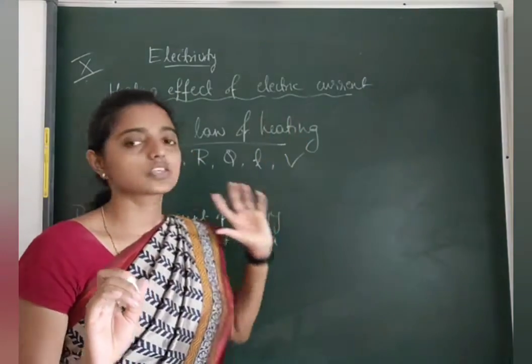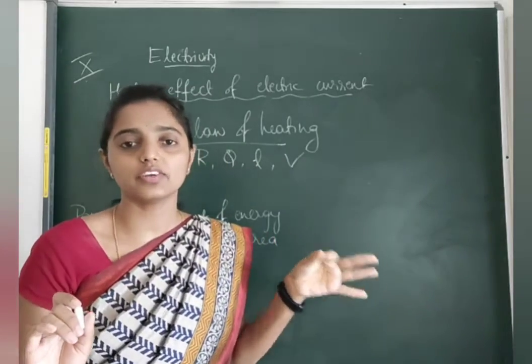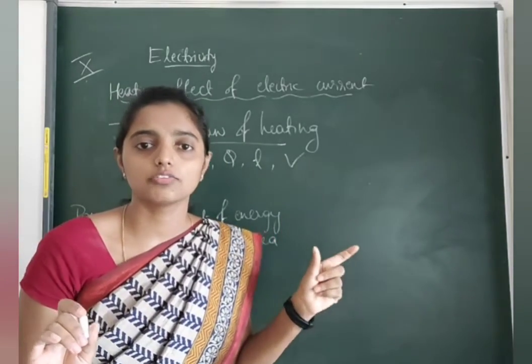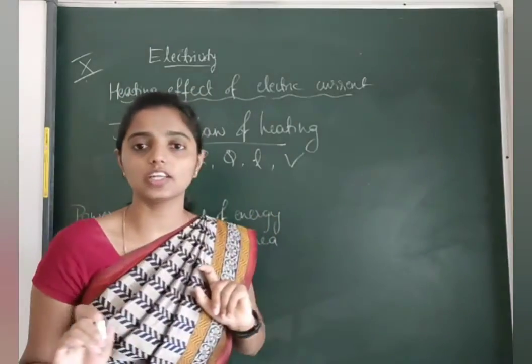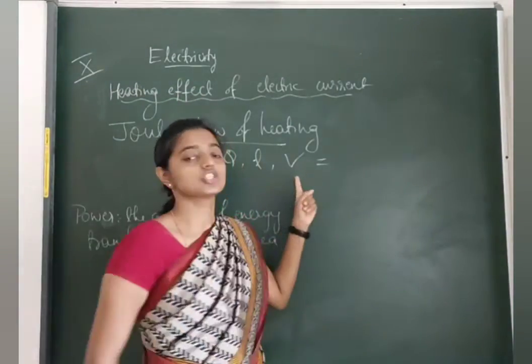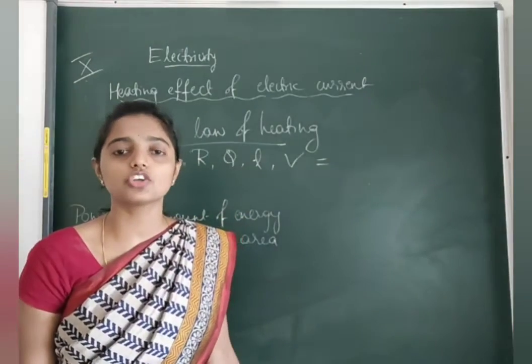Now, heat is created by what? Work done by the charges in an electric circuit, right? We got the word work done, which we studied in potential difference, denoted by capital V. What is the definition of potential difference?